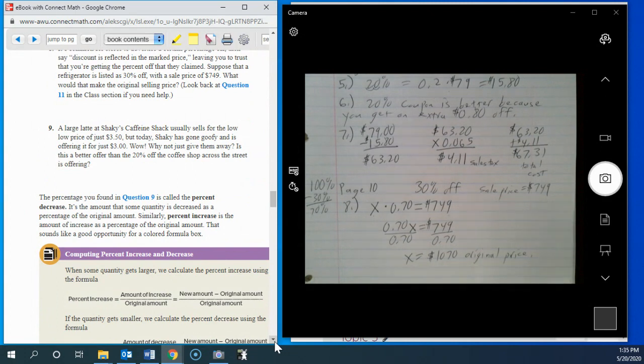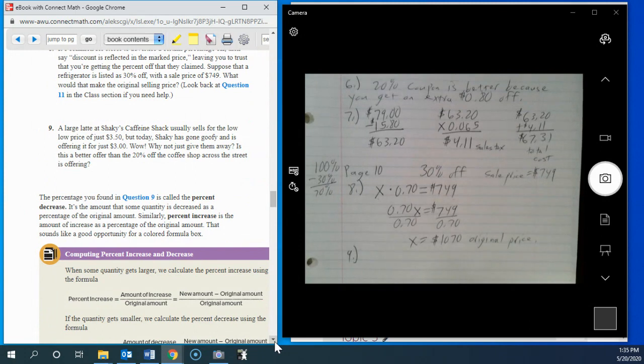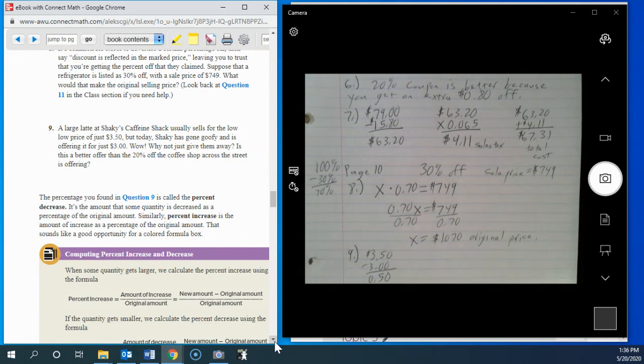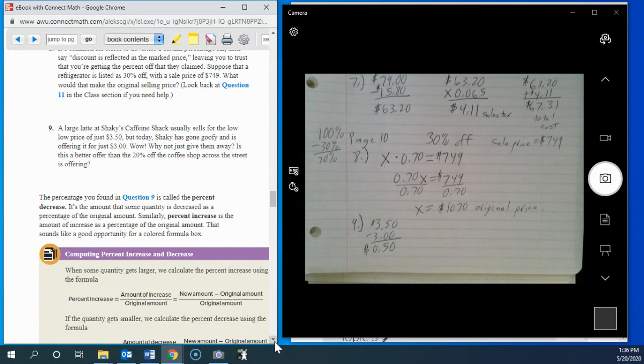Okay, so we go here to number 9. The first thing we need to figure out is which one gives us the better deal. Shakey's went from $3.50 to $3, so it was a savings of 50 cents. Now, the other company says they're going to give 20% off.